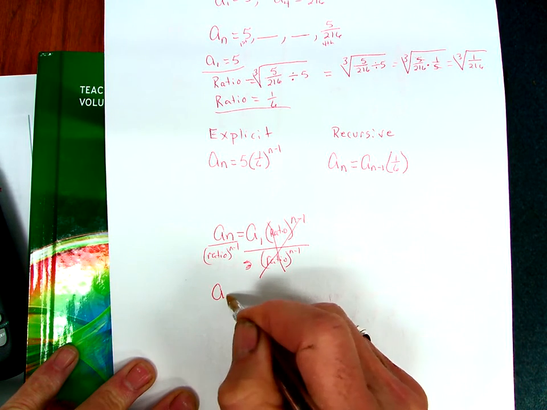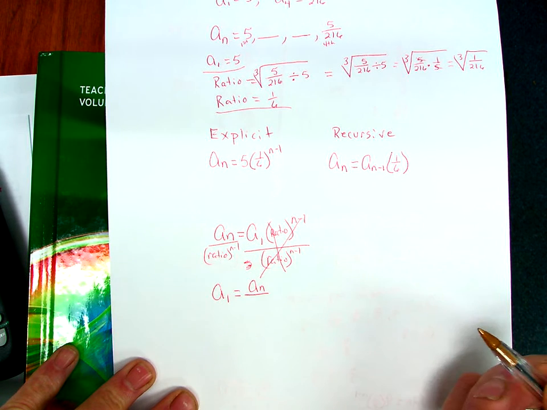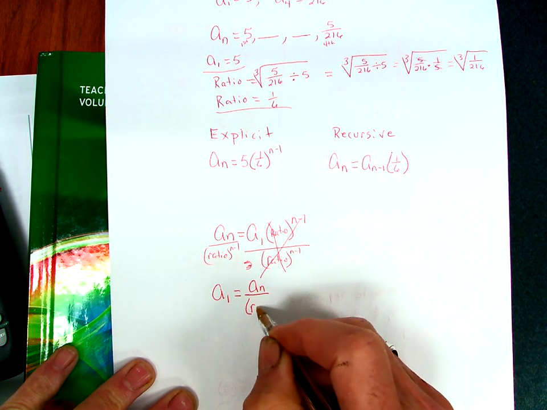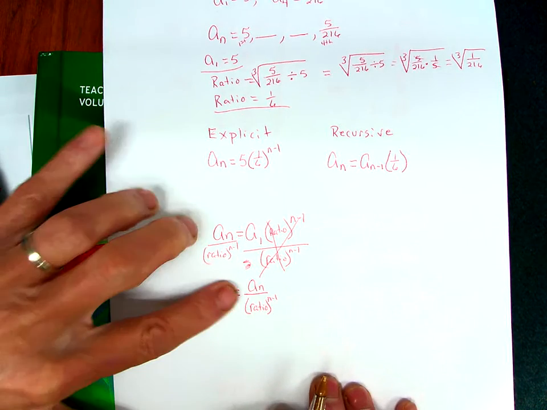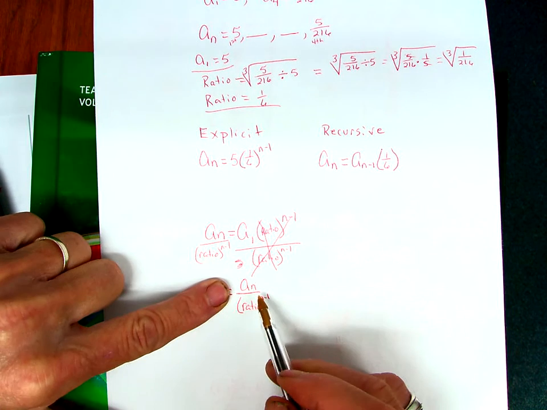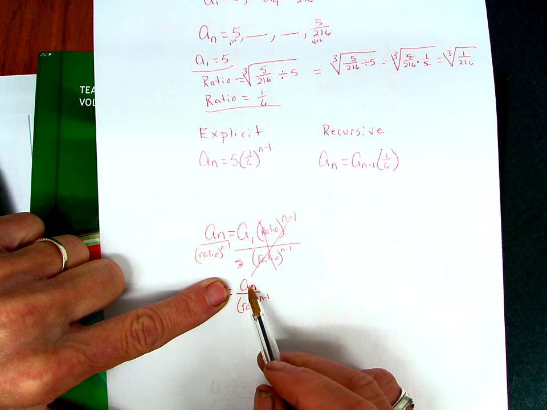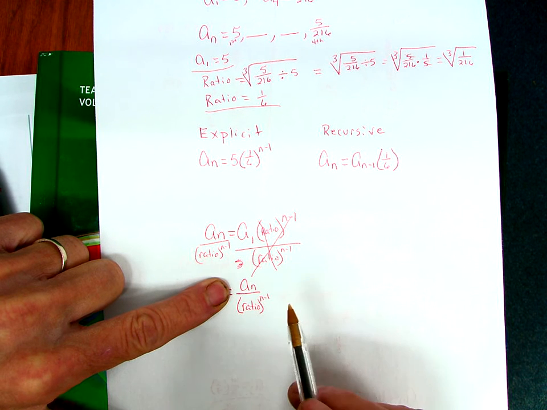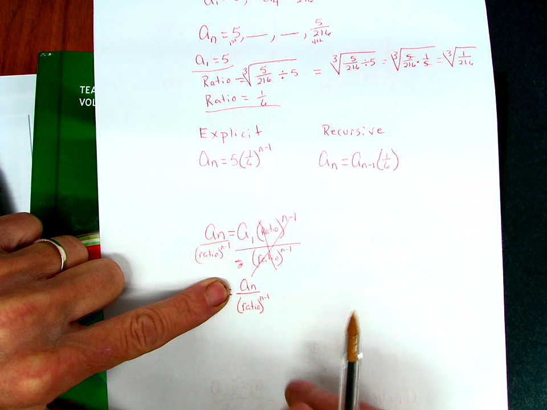So a sub 1 equals a sub n, any element that you want to work with, being divided by the ratio to the n minus 1. So if you pick the third element to work with, then you'll go find the third element in the sequence. You'll put that number there. The power right here is going to be, since you picked the third element, 3 minus 1, it will be 2.